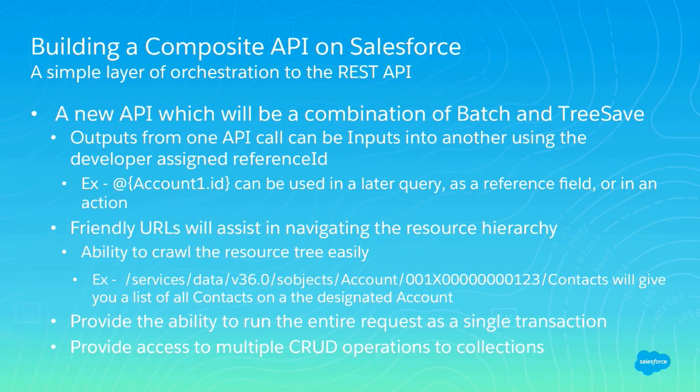We also introduced friendly URLs a couple releases ago, which is really a helper function to allow you to climb the resource hierarchy without having to know specific IDs, so you can run specific queries. So for instance, as we see here, if I went to SObjects/account/ID and then contacts, that will give me all of the contacts against that account.